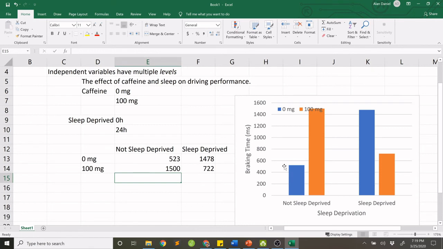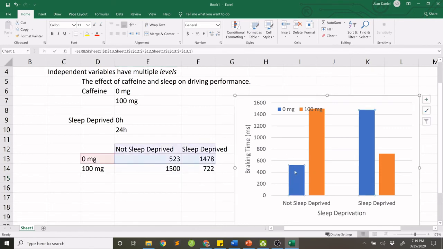This would be an interesting result. When you don't have caffeine and you're not sleep deprived, you perform well, with a fairly fast braking time. But if I don't sleep deprive you but I give you caffeine, maybe you're so wired that it distracts you and causes a longer braking time.